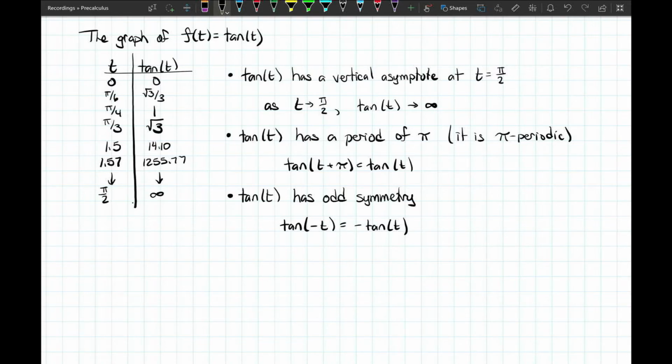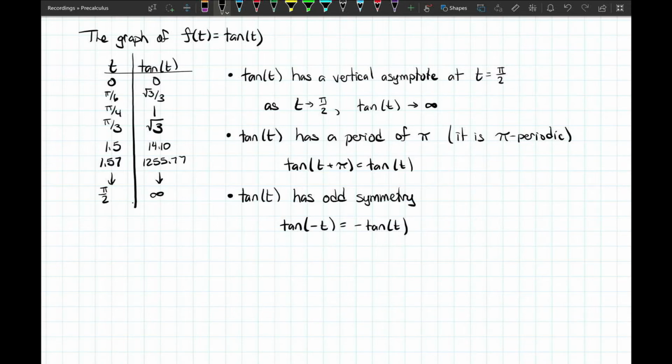Every time we go around the unit circle halfway, tangent of t will start to repeat itself again. In other words, tangent of t plus pi is equal to tangent of t. And we could generalize that: tangent of t plus any multiple of pi is also equal to tangent of t. And one other fact about tangent of t is that it has odd symmetry.